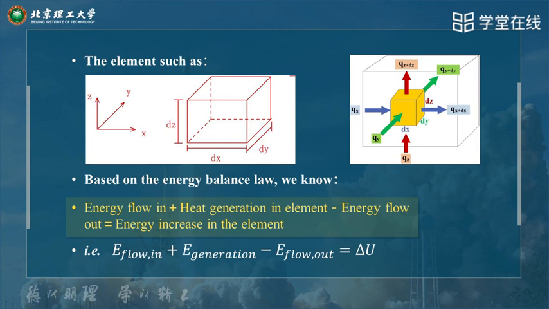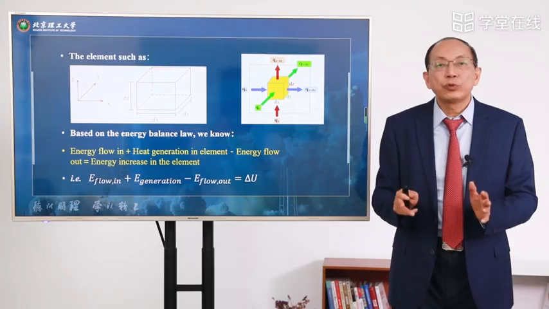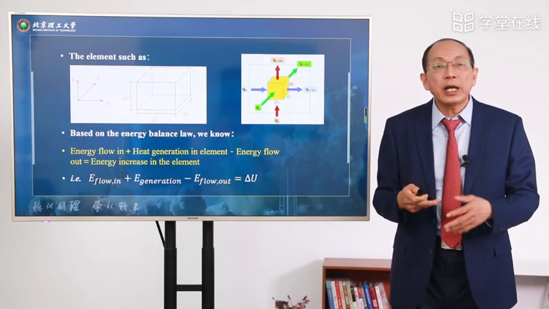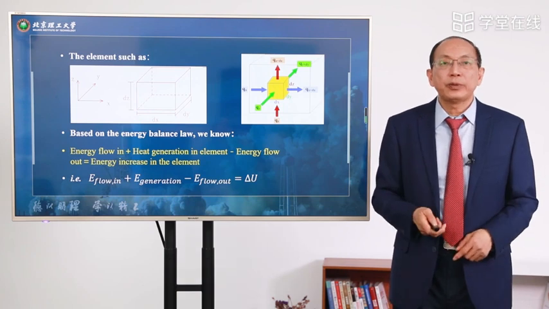So from the energy balance law, we easily obtain this equation: E flow in plus E generation minus E flow out equals delta U. Delta U means the internal energy increase.